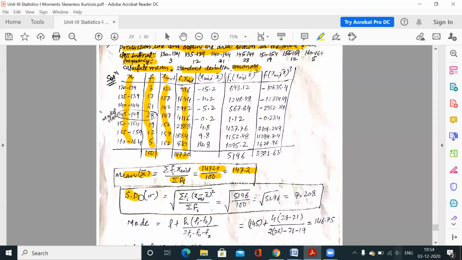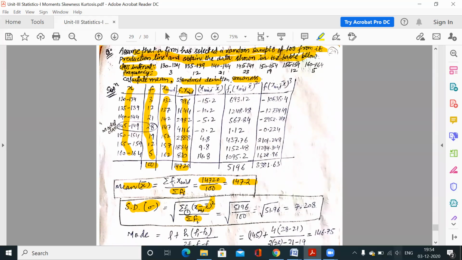Now standard deviation. If you remember, the standard deviation formula is the square root of summation fi into (x mid minus x bar) whole square, divided by summation fi for continuous data, because it is a continuous distribution. So we have the fi. Now x mid minus x bar, where x bar is 147.2: 132 minus 147.2 is this, 137 minus 147.2 is this, like this we have all the numbers, up to 162 minus 147.2.